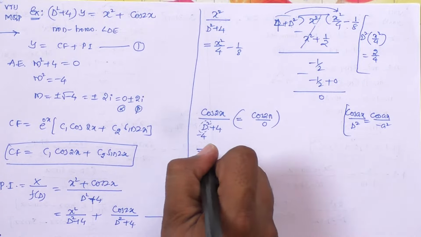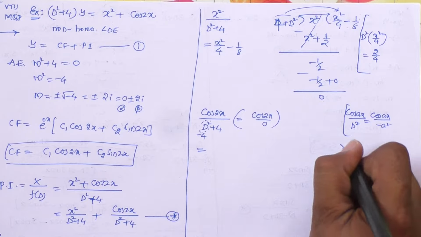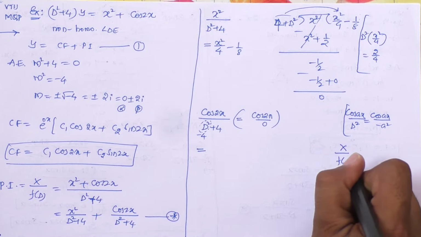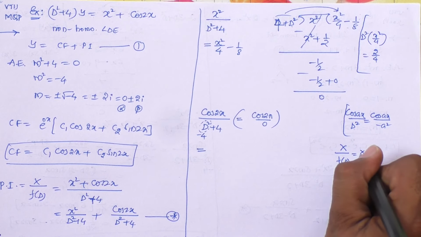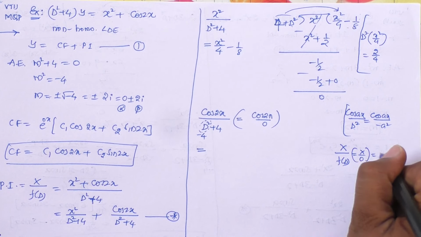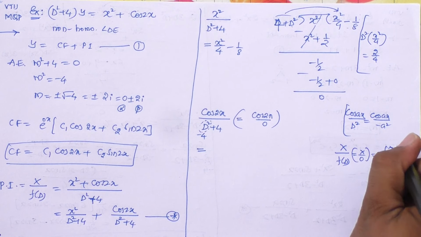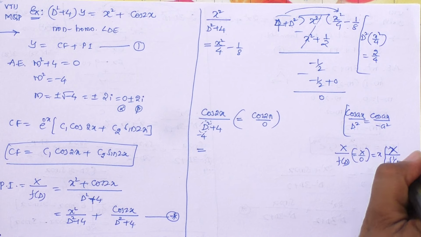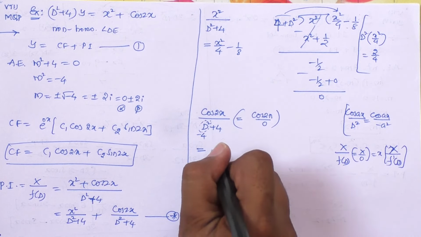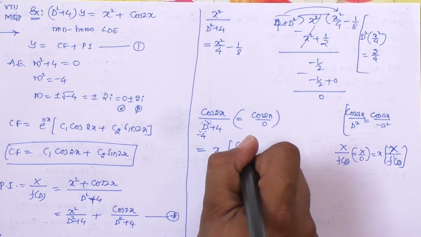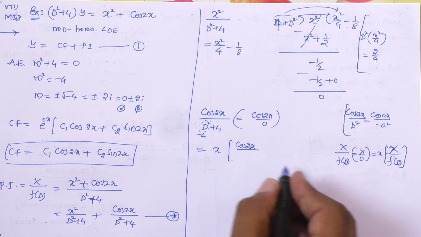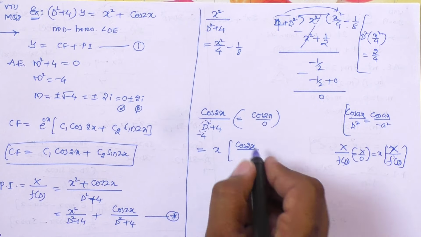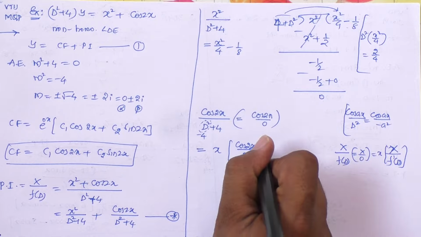In case of 0, it can be written as X by f of d. If it takes the form X by 0, then the same thing is equal to x into capital X by f dash of d. So let us apply this result. So x into cos 2x divided by f dash, the differentiation of d square plus 4, which is 2d.